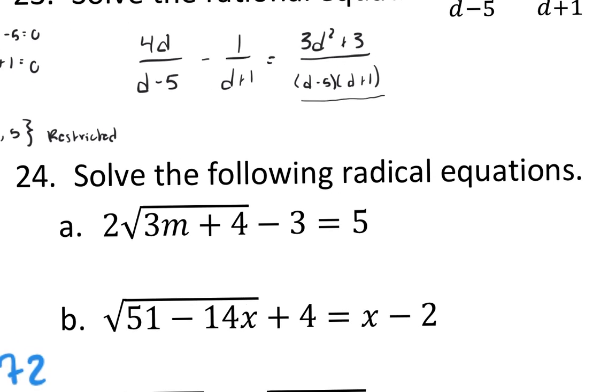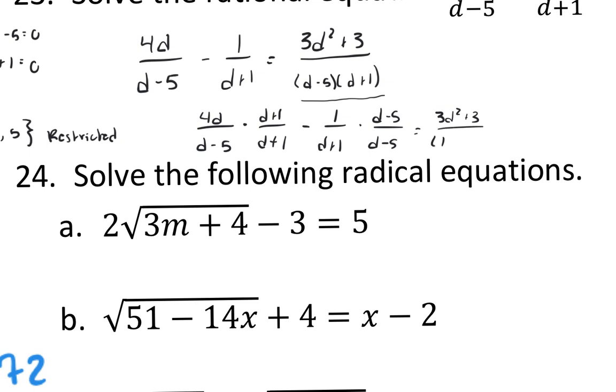To get 4d over that, we want to multiply 4d over d minus 5 times d plus 1 over d plus 1, because this is just equal to 1, minus 1 over d plus 1 times d minus 5 over d minus 5 is equal to, same thing, 3d squared plus 3 over d plus 1, d minus 5.